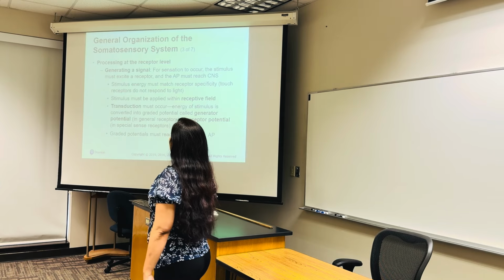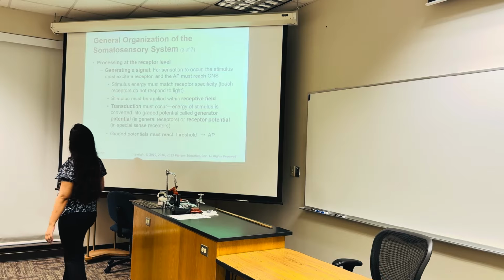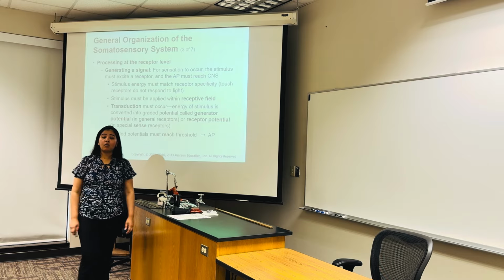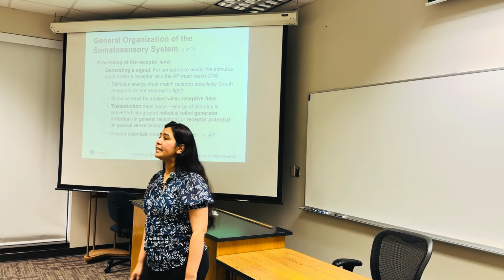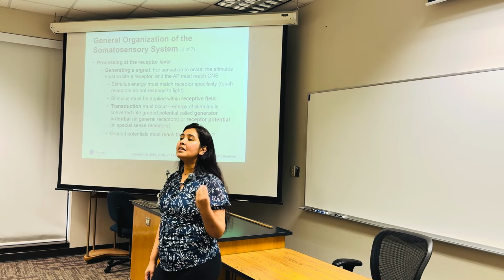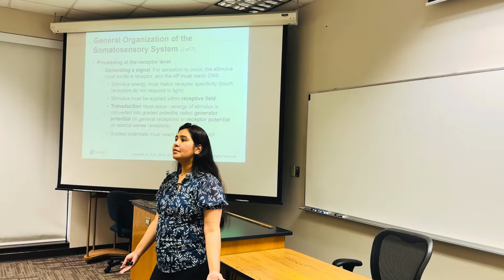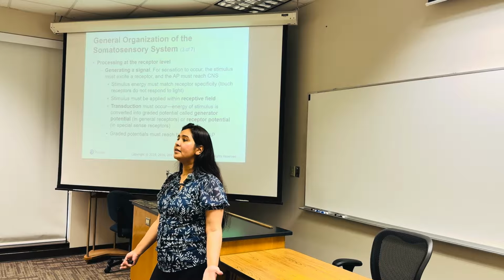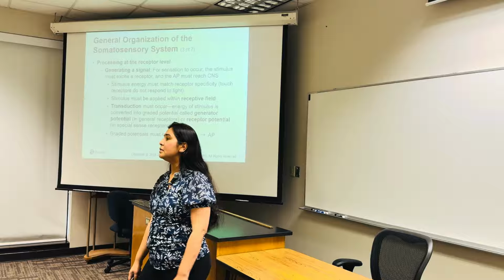Okay, so now let's talk about something important, which is the processing, how your receptor is working. Why do you think your receptor is getting stimulated? Every time we say stimulated, what is the main important thing that is happening when we say your receptor is getting stimulated?